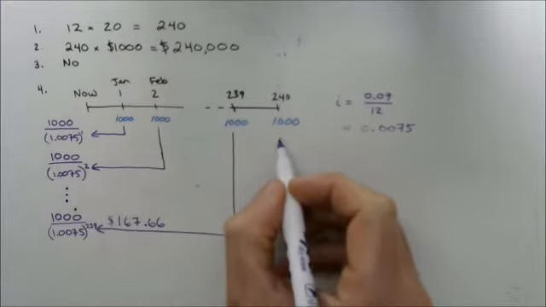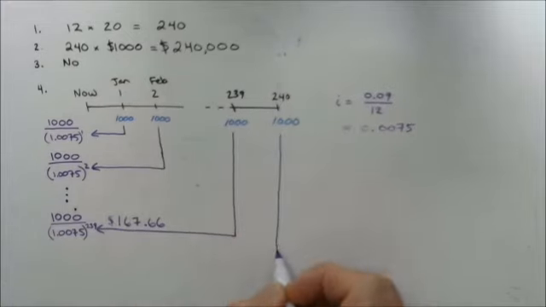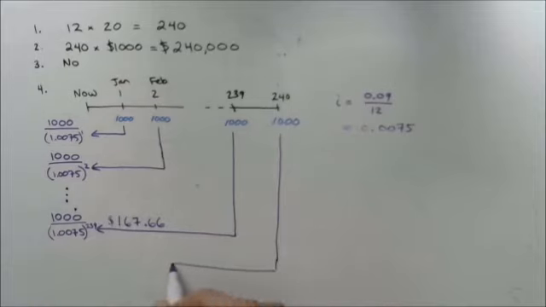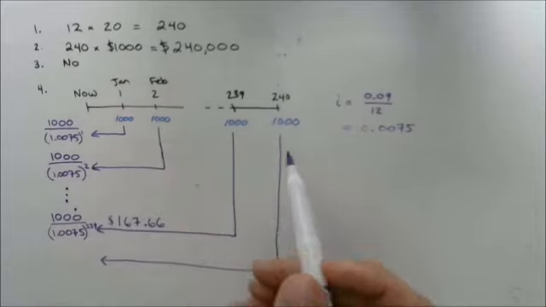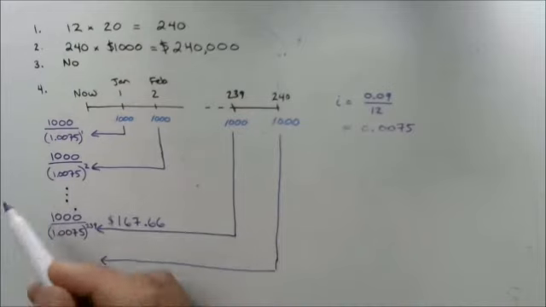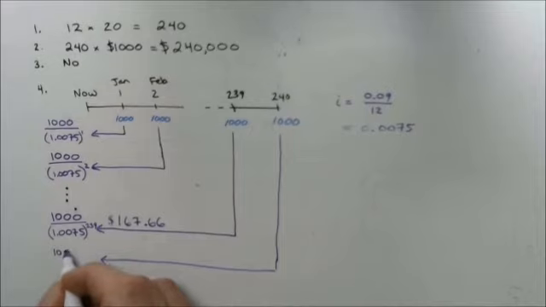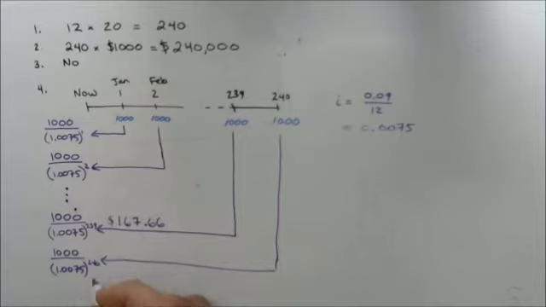Okay, let's look at our last piece here. Notice how on our timeline, I'm now working backwards to the present value instead of forward to the future value. Our last piece here is 1,000 over 1.0075 to the power of 240.